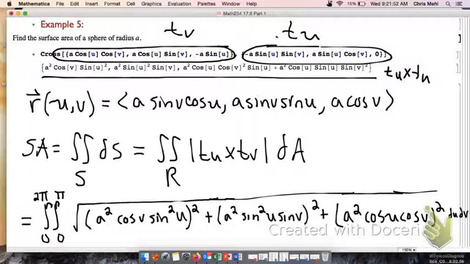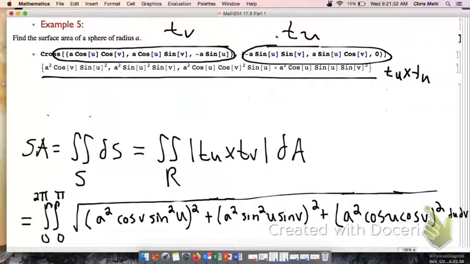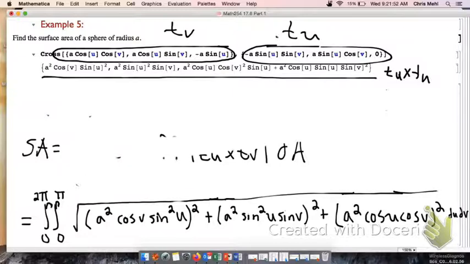Okay. Now, I need some more room, so let me erase this up here. Now I have to simplify that integrand. And it looks like it's going to be pretty messy. I'll let you verify this on your own in the book.